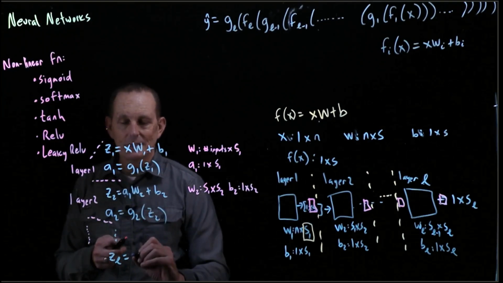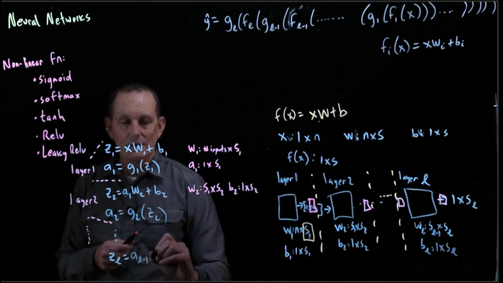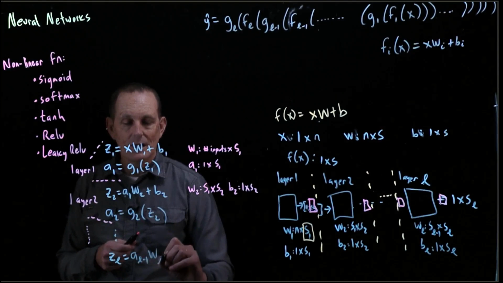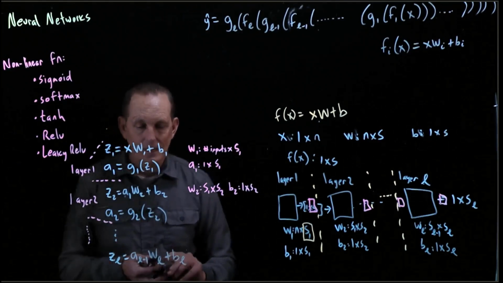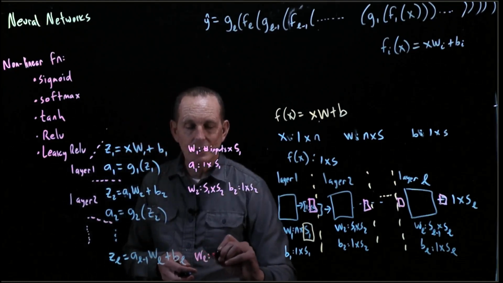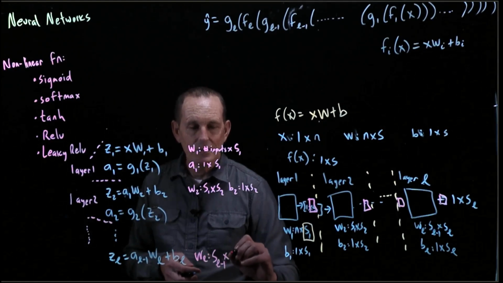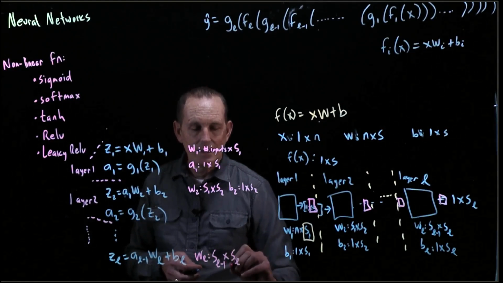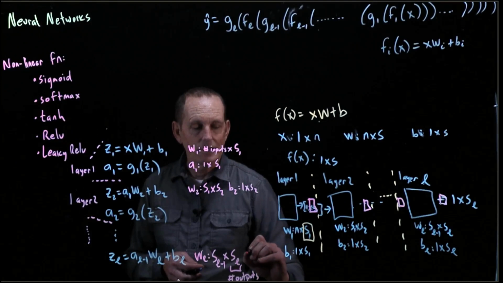And finally, when we get to the last layer, Z sub L is going to be A sub L minus 1 times W sub L plus B sub L. And again, W sub L is going to be of size S sub L minus 1 times S sub L, and S sub L is the number of outputs, since this is our last layer.